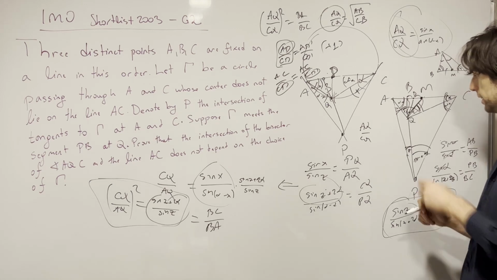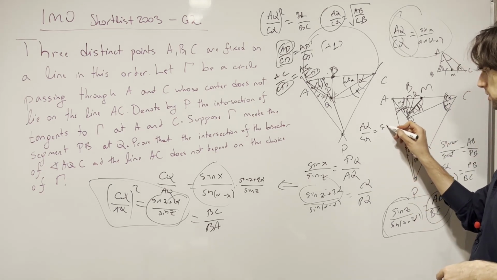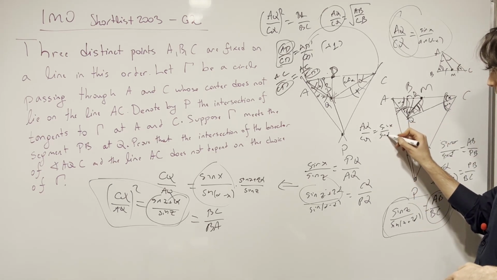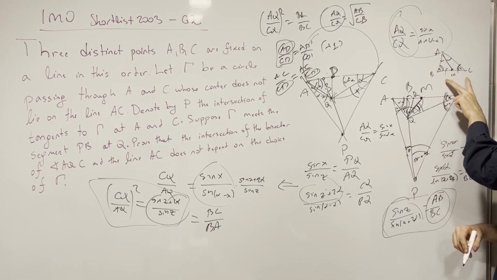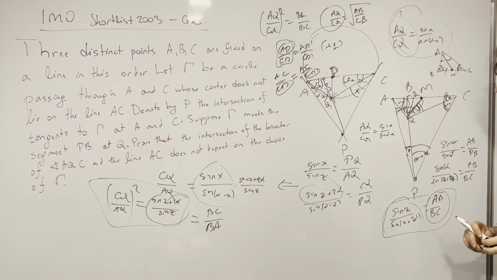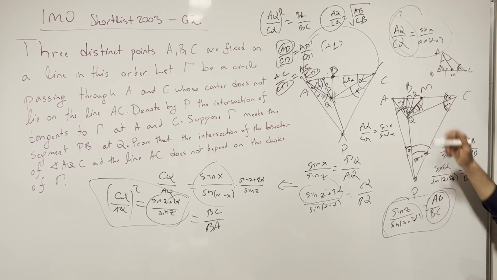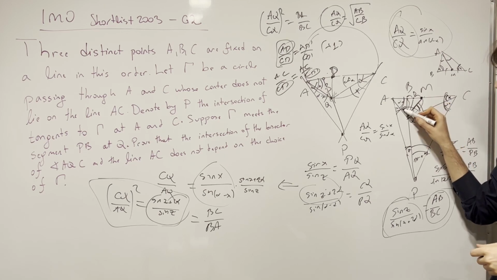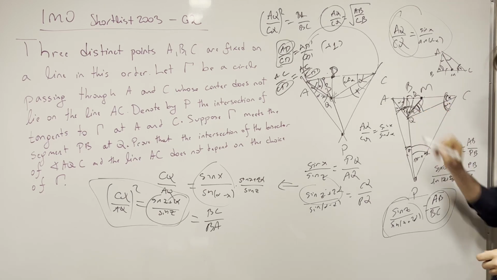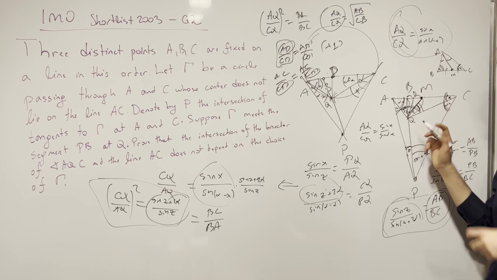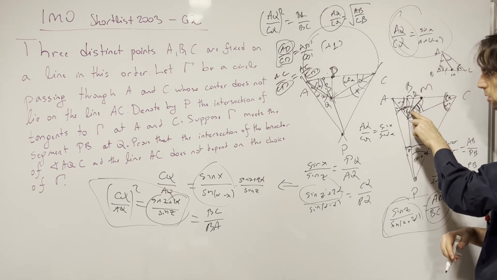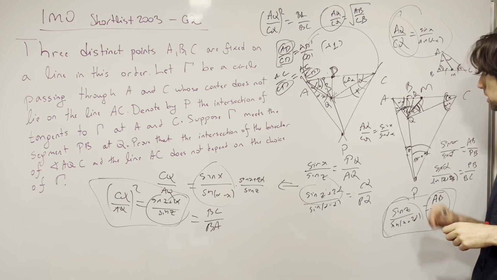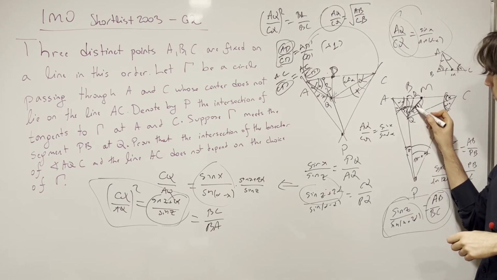On one hand, that is sine of X over sine of alpha minus X. But if I apply this lemma over here, that is also equal to the sine of this angle over this angle. And so when I switch these around, it's going to equal the sine of this angle over the sine of this angle.